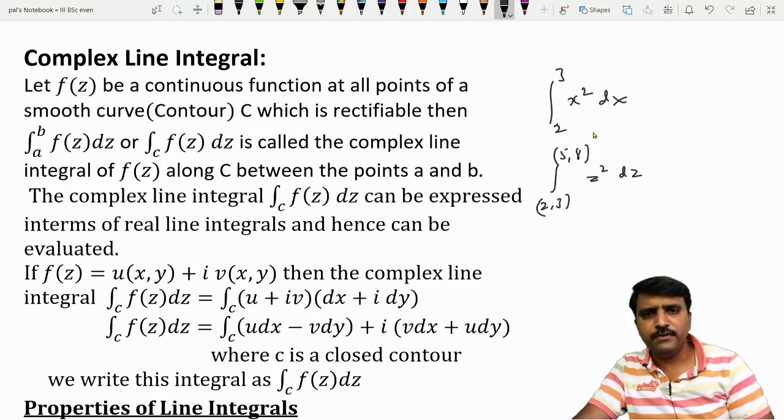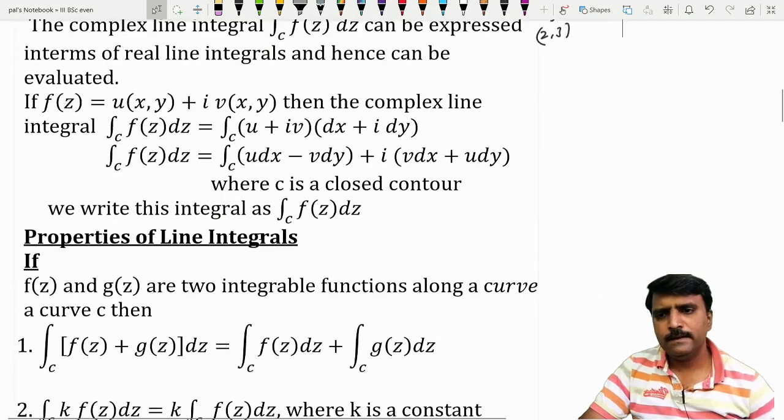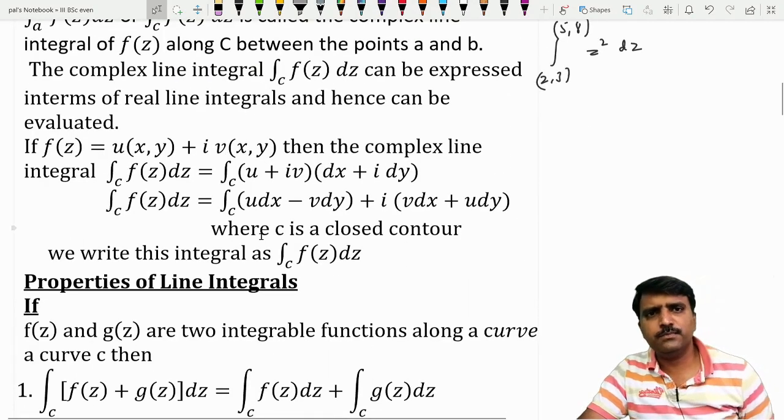Okay, when we are taking the complex line integrations, if f of z is defined like this, here f of z means it is a complex valued function. It is defined like this: u of xy, a real valued continuous function, plus i into v of xy.